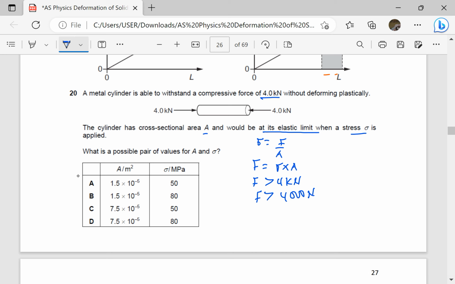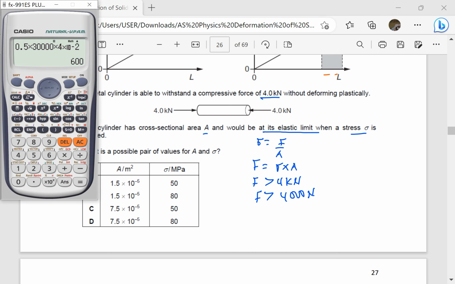So we just look for a pair which will give us greater than 4,000 newtons. Let's check. The first one, 1.5 exponent negative 5 times 50 megapascals, 50 exponent 6.